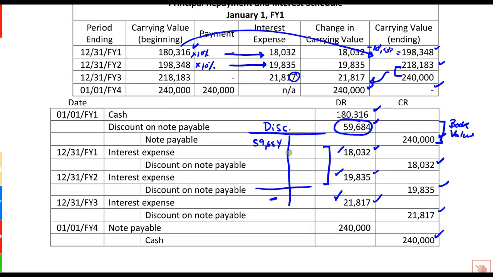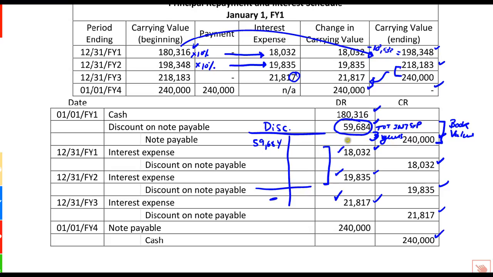If no one had told you about this effective interest method, and you knew you were going to have 59,684, this is total interest expense for 3 years.